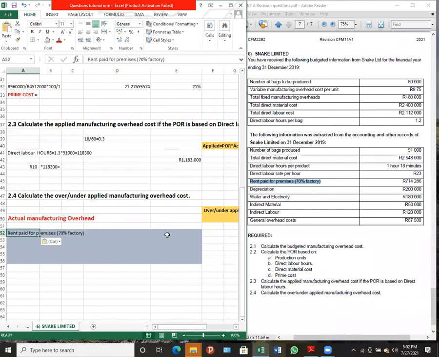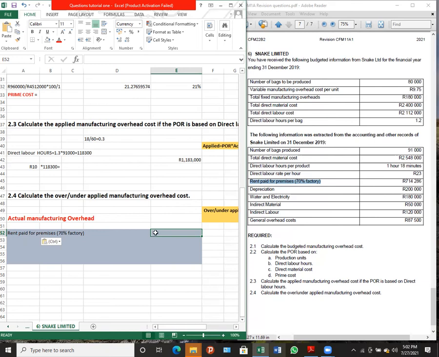It's nice, guys, if we discuss, because in the test you will remember, last month we did something like this, ne? Here we have rent paid for premises. If we paid rent for premises, this rent includes admin premises and factory premises. But in brackets they've stated 70% is for factory, which means 30% is not for factory.